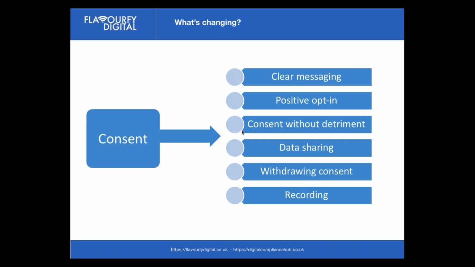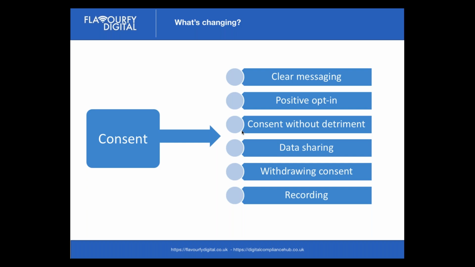Now, what that means in real terms, and this is actually referenced in the regulation, is that you'll no longer be able to use pre-ticked boxes or tricky wording which can be missed by the data subjects and leads them into signing up, when they have to untick a box, or a double asterisk which takes you to some very small print that says, oh, by the way, we'll market to you unless you tick this box.